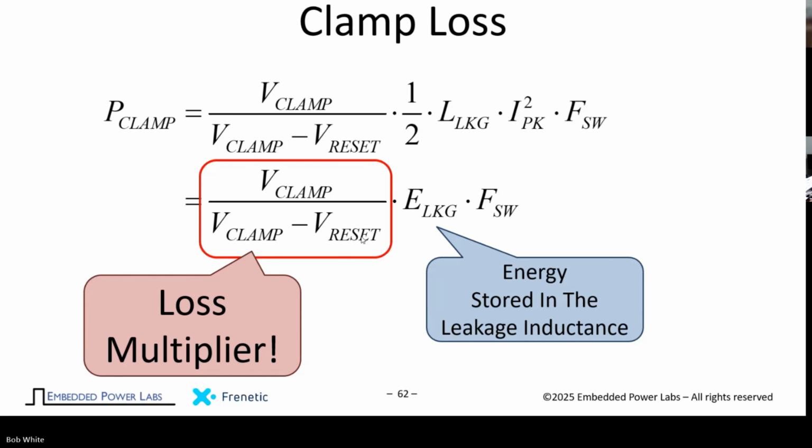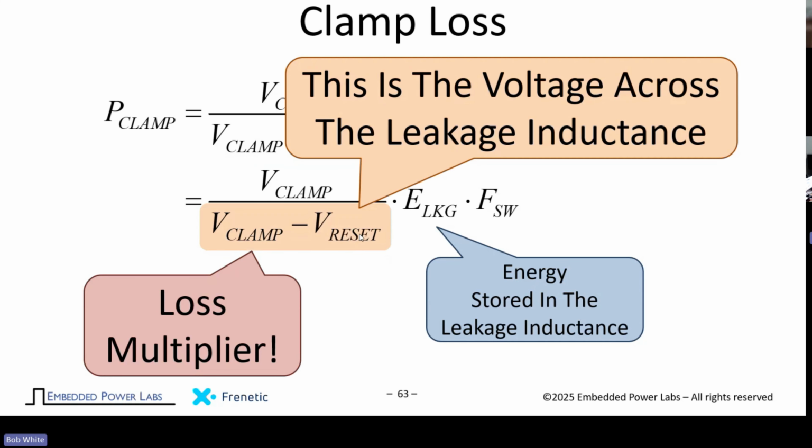So we choose this. This is part of our design. We choose all this, the clamp and the reset. This reset voltage is the voltage across the leakage inductance. This is the voltage reflected from the secondary. This is the voltage we chose for the clamp. The difference is what's applied to the leakage inductance.